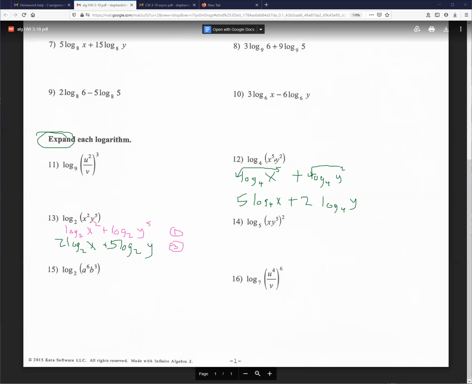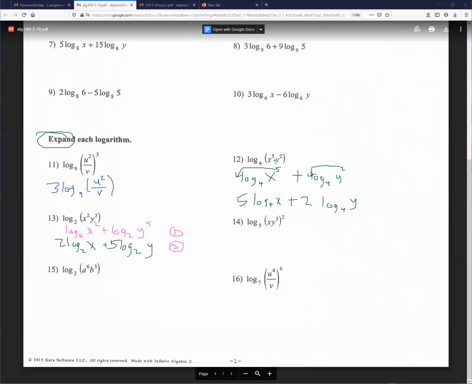Now, a couple of these questions in this section are a little weirder. So let's talk about number 11. There are two ways we could approach number 11. The first is we can say, well, the thing that is outermost that we have to deal with is this 3. So we could say this is 3 log base 9 of u squared over v.